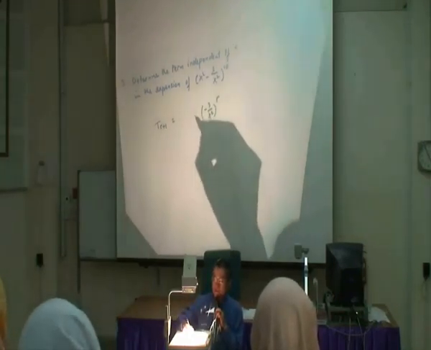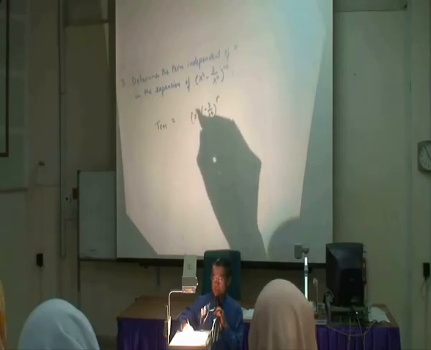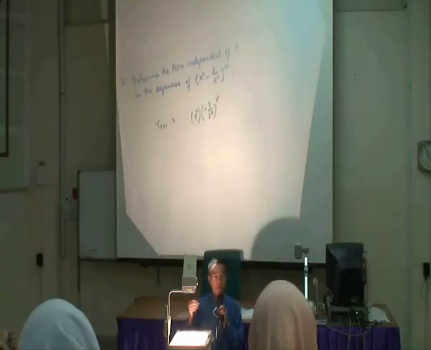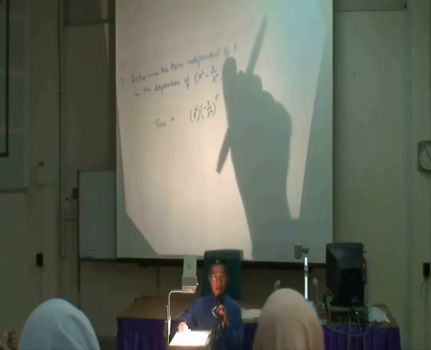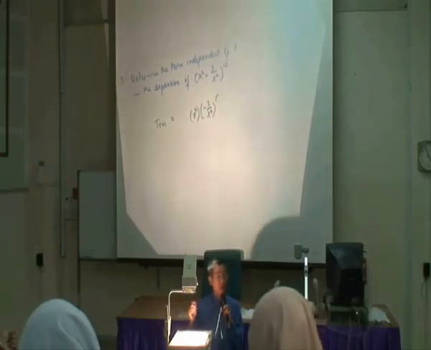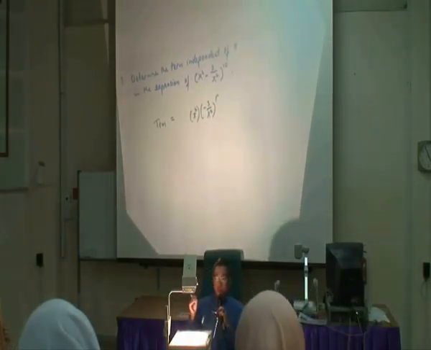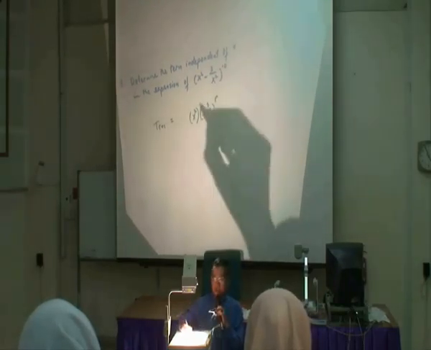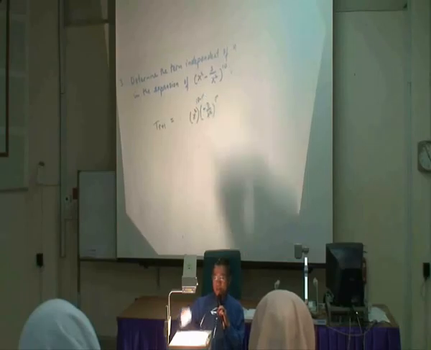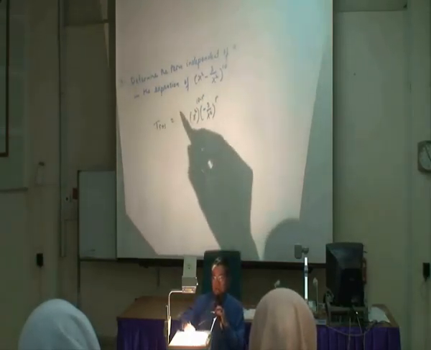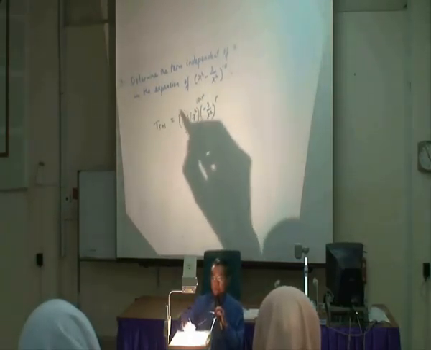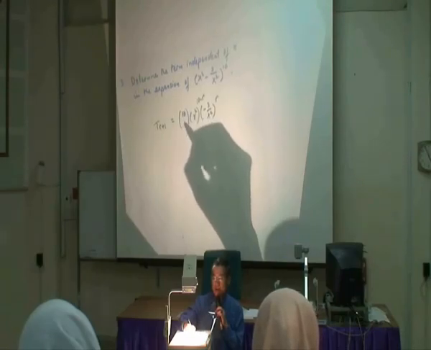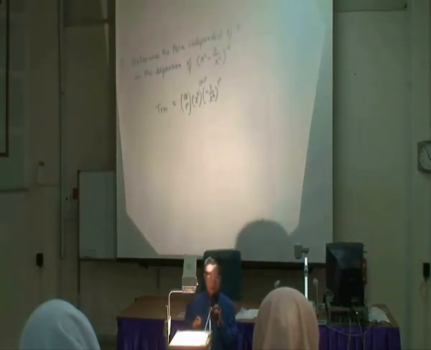Then the first term, which is x squared, will be to the power 10 minus r, right? Correct? So that the sum of the two powers is always equal to 10. Alright? So it's 10 minus r. And the coefficient for this term will be 10Cr. Okay?